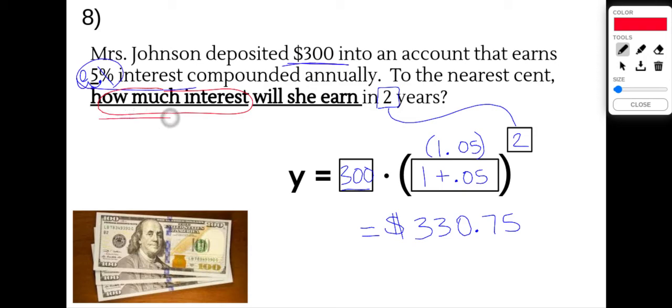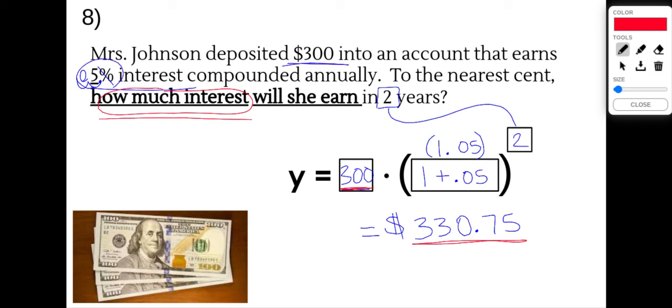It was asking how much interest did I earn by leaving my money in the account. So if I started with $300 and now I have $330.75, by leaving this money in my bank account for 2 years, I made some interest. How much interest? Well, you just have to subtract the two to figure that out.